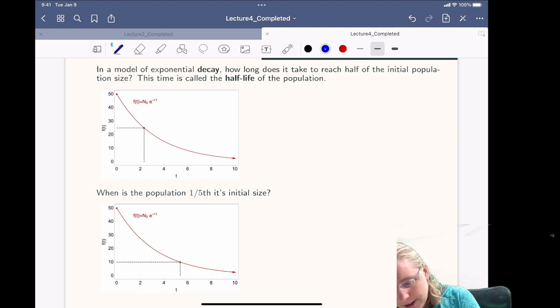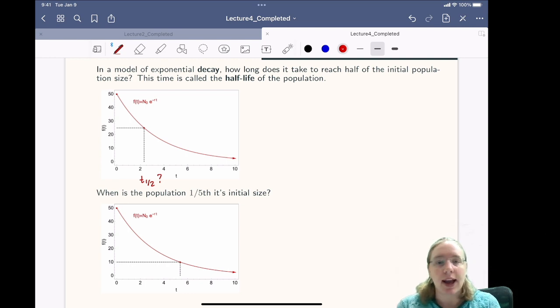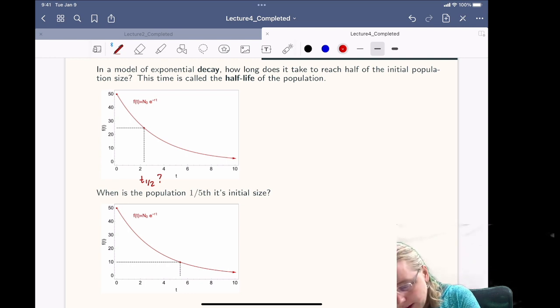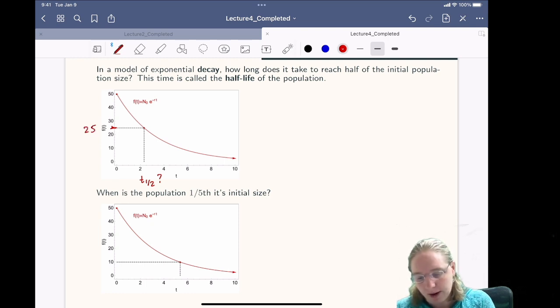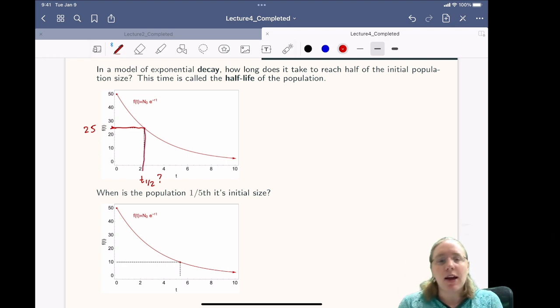The half-life is asking the question, how long do I have to wait? What is the amount of time that I have to wait until the population is half of its original size? So if we start at 50, how long does it take me to get to 25? So what is this special time t at which I'm at 25?